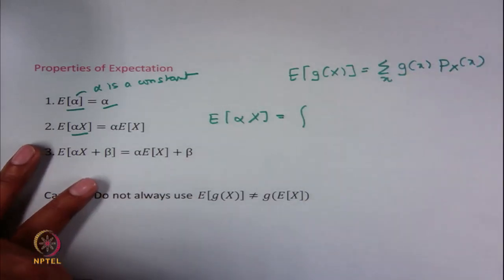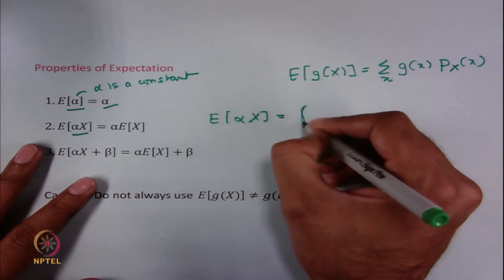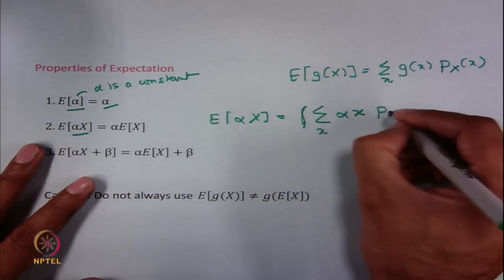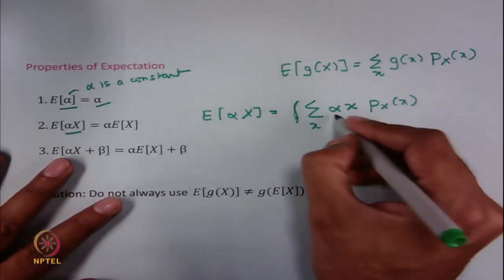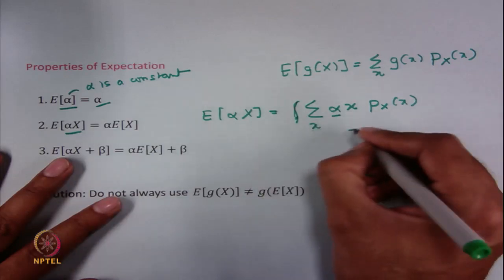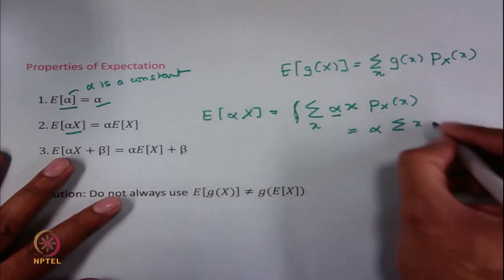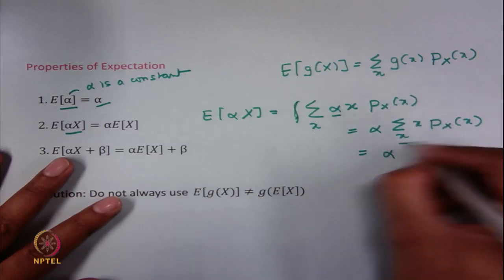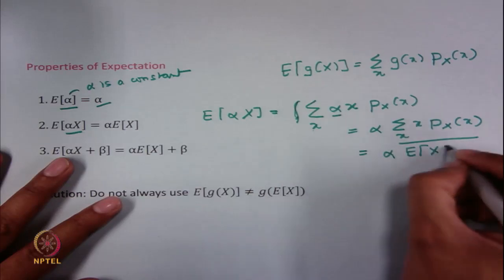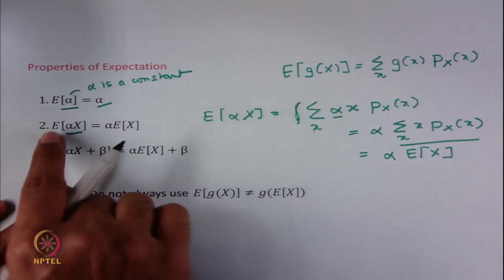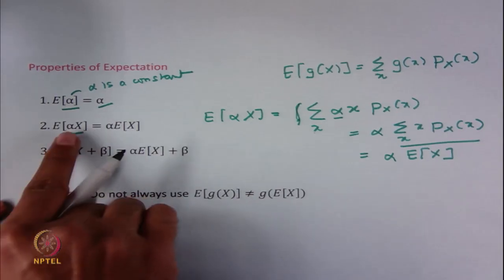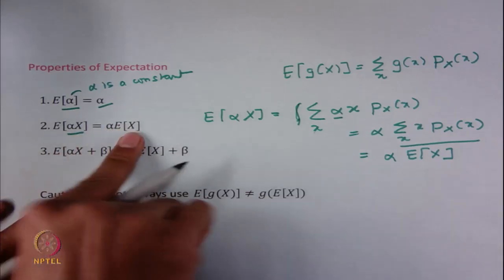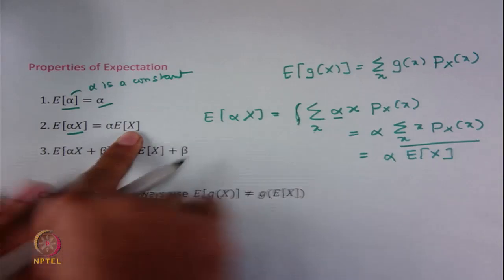So, the expected value of alpha x is the summation of alpha times x p x of x, and alpha is not a function of x, so it can be pulled out of the summation, and this is alpha times E x. So, what we are saying is the expected value of alpha times x, a constant times a random variable, is nothing but that constant times the expected value of that random variable.